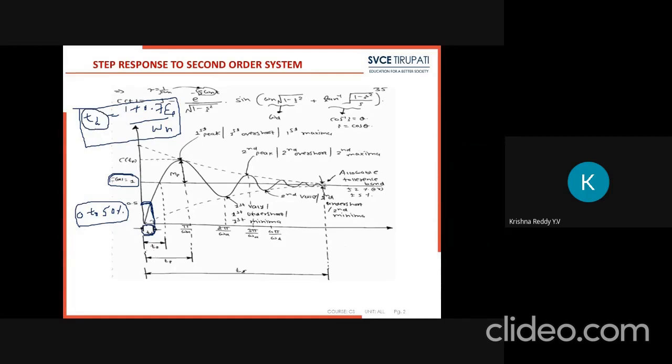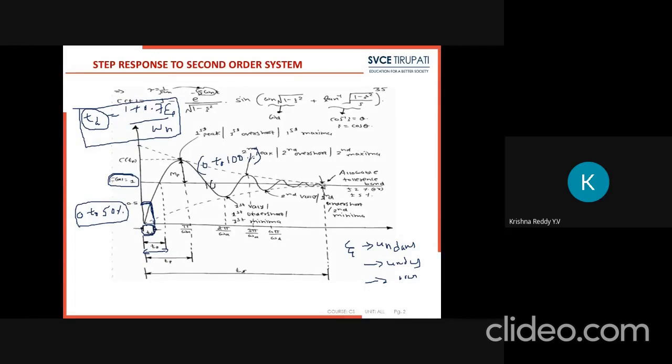Similarly, what is the rise time? Here we are having different types of systems, either undamped system, underdamped system, or overdamped system, like this. When the system is underdamped, the time required to reach 0 to 100% of its steady state value is known as rise time.